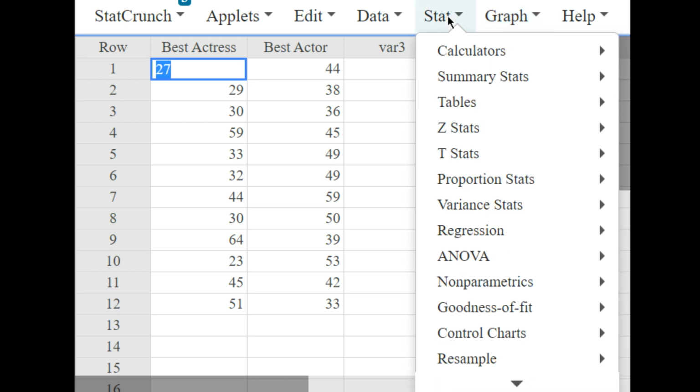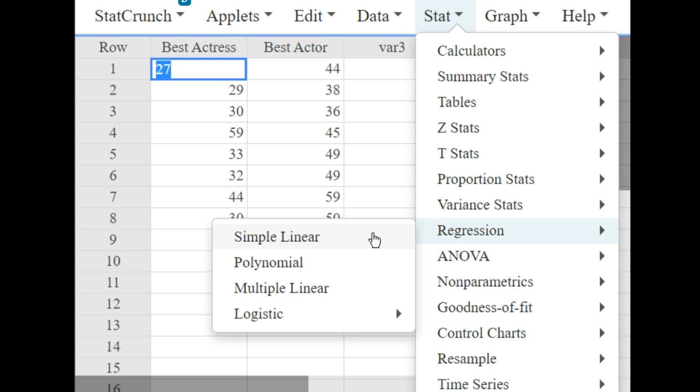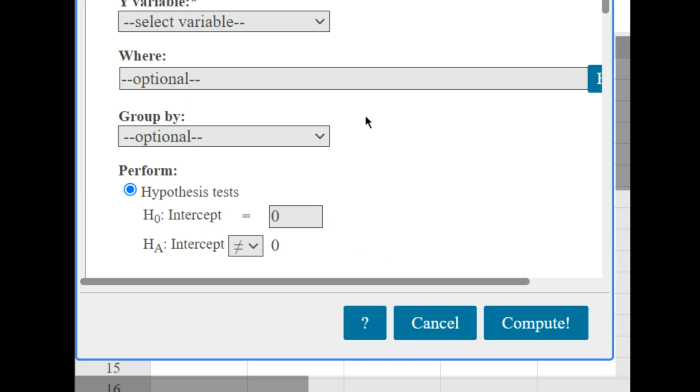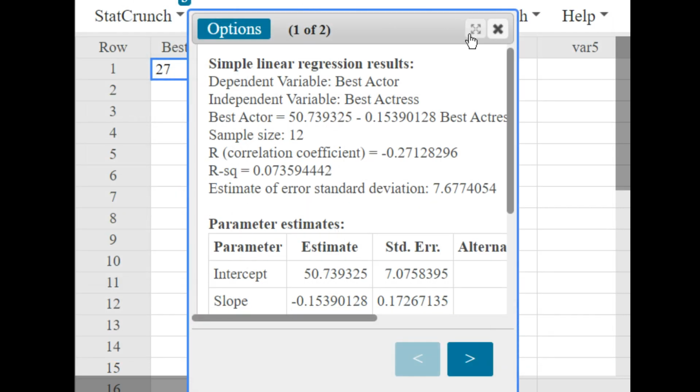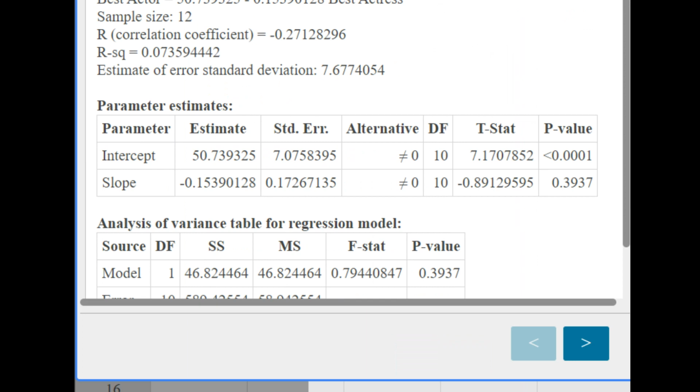Let's look at it, so we'll just do the regression. We'll go to stat, regression, simple linear, and this was our x variable and this was our y variable, and when I hit compute, you get the 2-page summary.